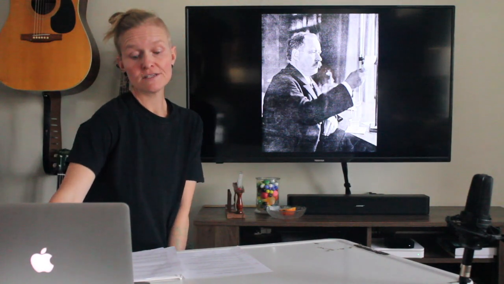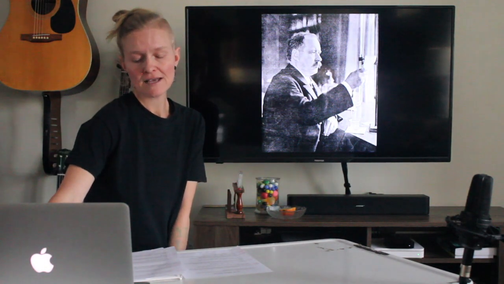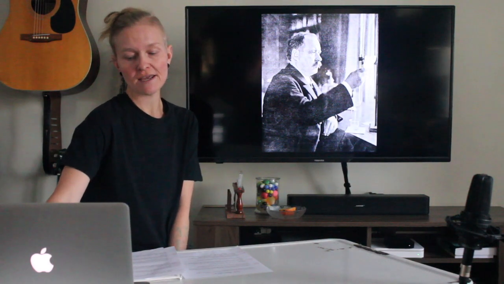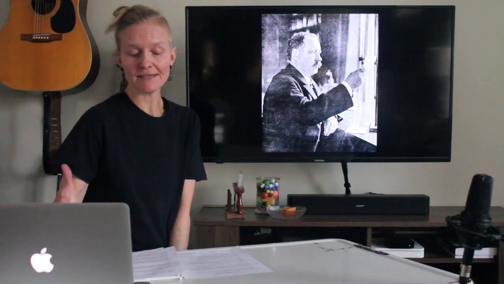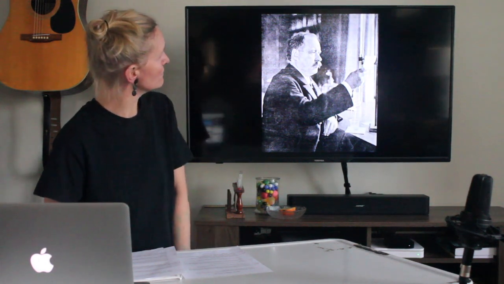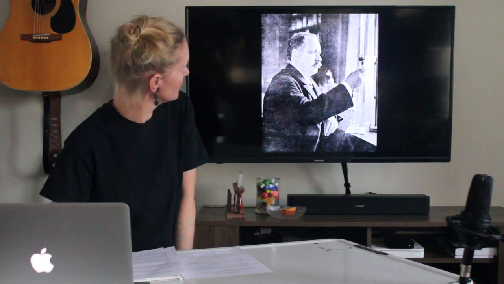Nobel Prize winner Svante Arrhenius, a Swedish chemist, developed the early definition or understanding of what exactly an acid or base is. Here we have a picture of Svante Arrhenius.